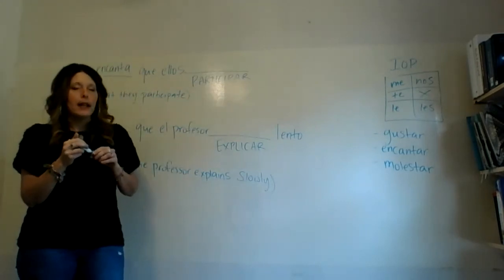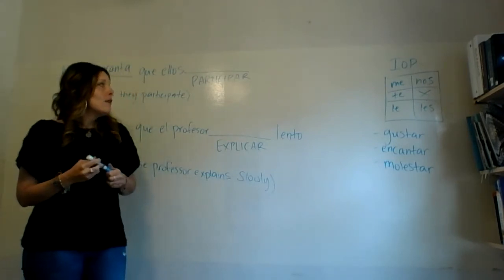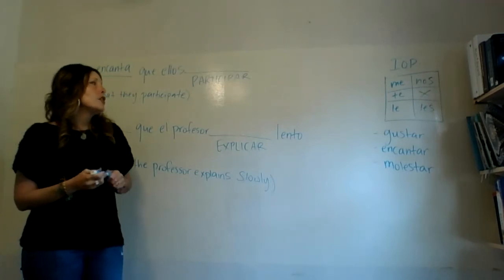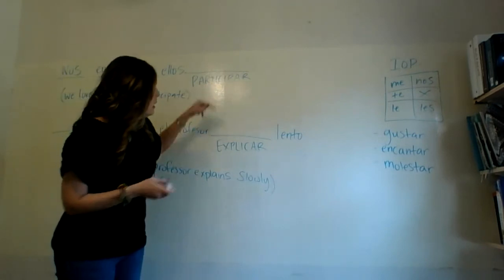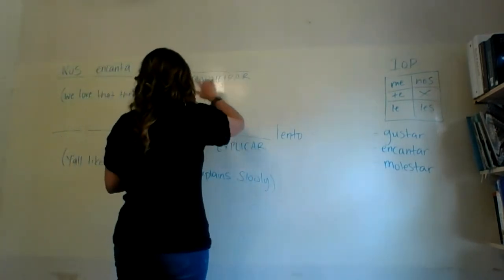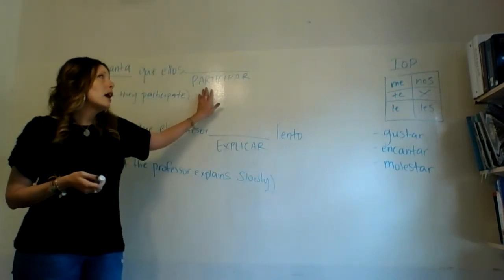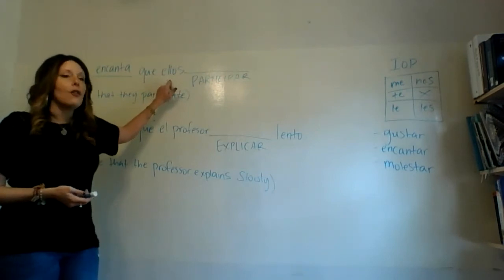Participar, to participate, is a regular happy verb in the subjunctive. It might be a verb that you're not extremely familiar with, so I'll go through the steps with you, but just remember that we're doing participar, conjugated in the subjunctive based off of ellos.